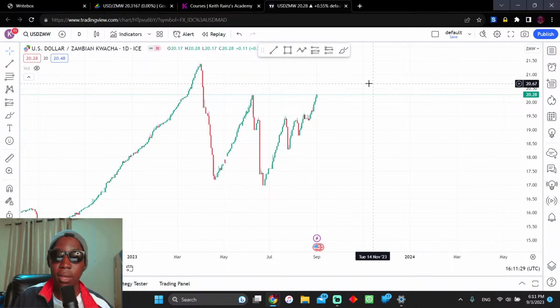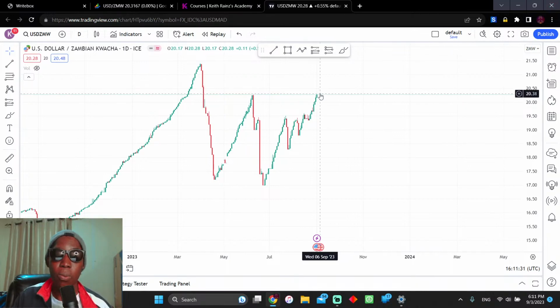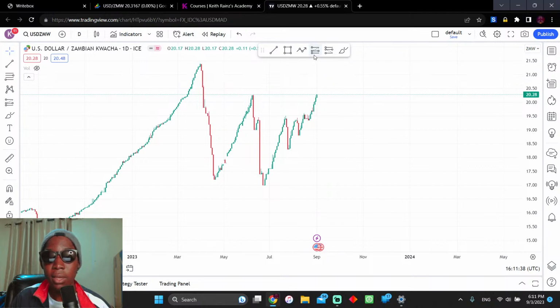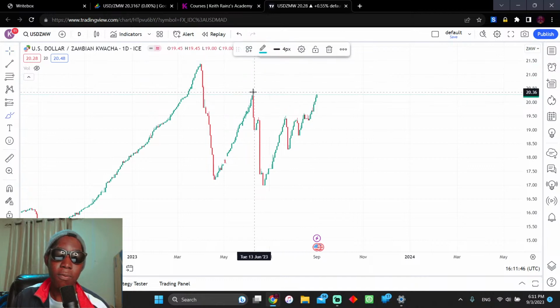So as I was saying, as of now, I'm seeing three areas of interest. What are these areas of interest I'm seeing? We've got this area of interest here.